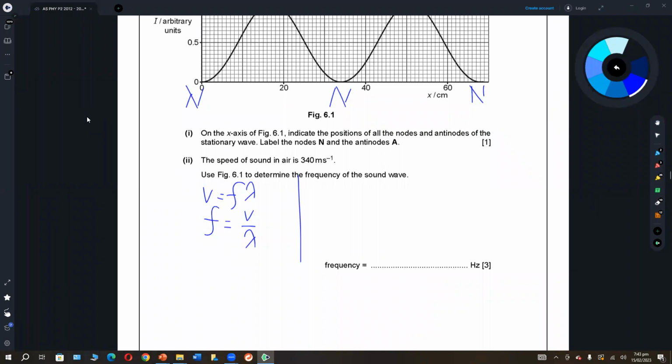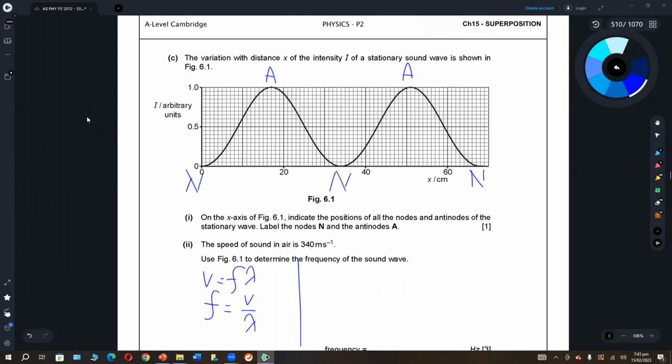So we'll take lambda as 30 centimeters. How 30? Because from one trough to another trough is almost 30. No, but you're making a mistake. It's node to node. It's not a transverse wave. Okay, and node to node is lambda by 2, so we'll take that. No, no, by 2.